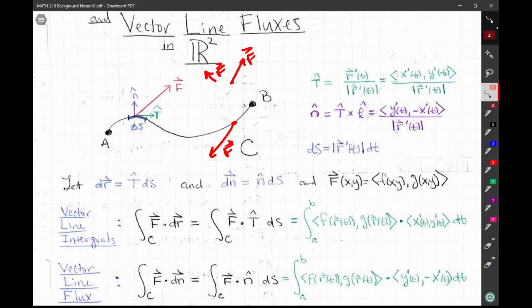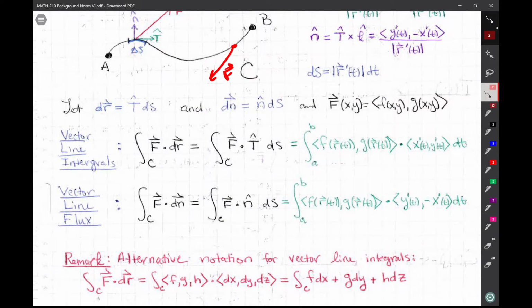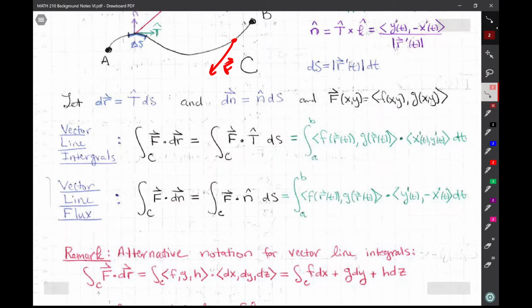Here we're just borrowing the z-axis. This curve lives in R2, but we borrow the z-axis because it makes computing the normal vector easier once you have that tangent vector. So it's just borrowing, and we don't really use it explicitly anywhere in our formula for the vector line flux.